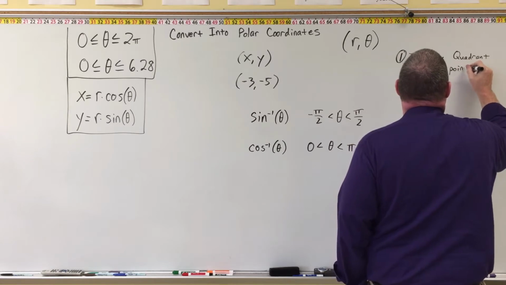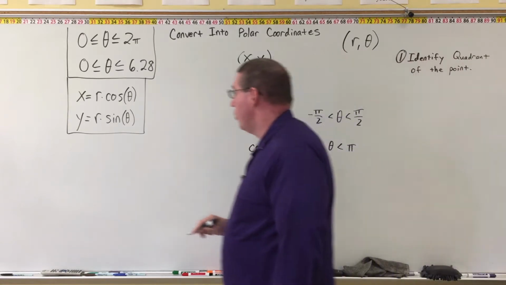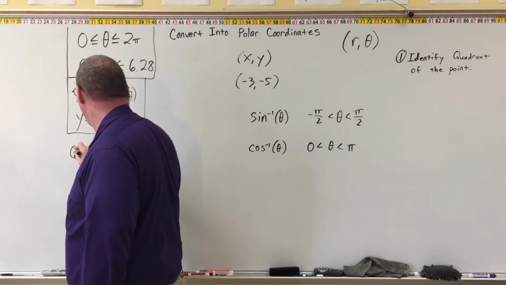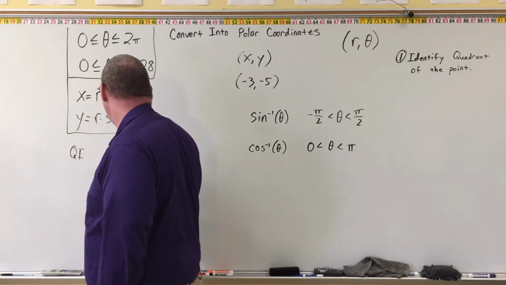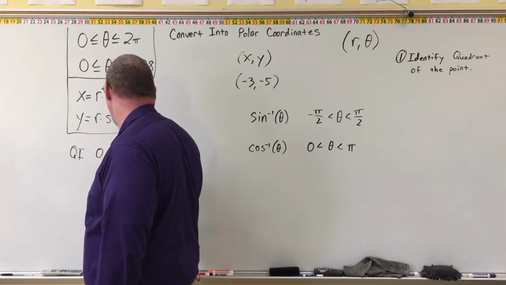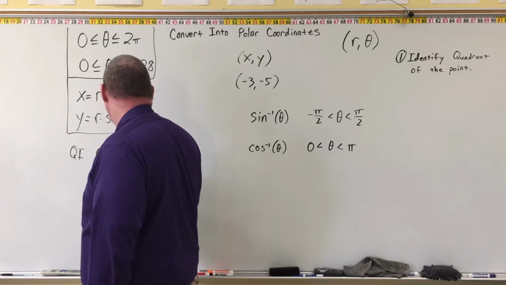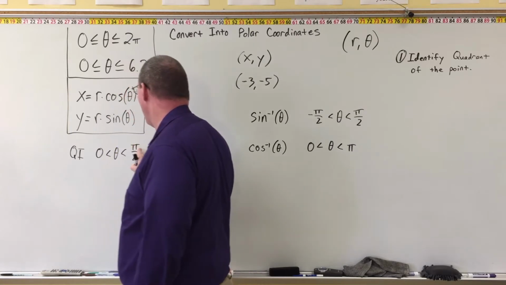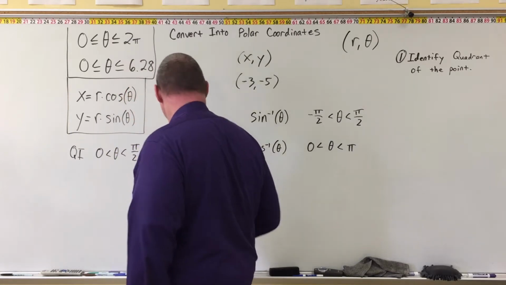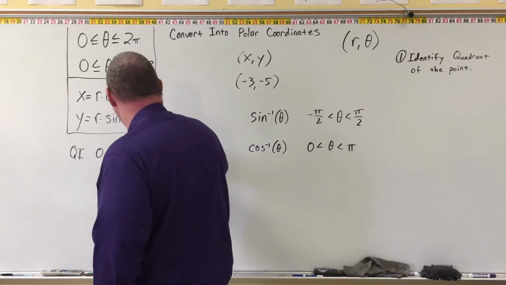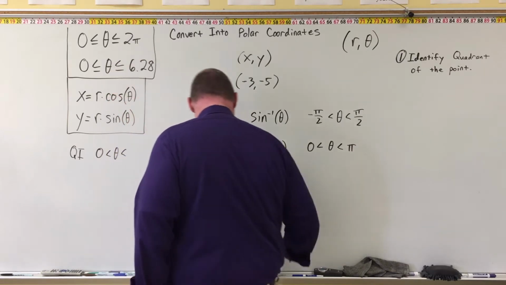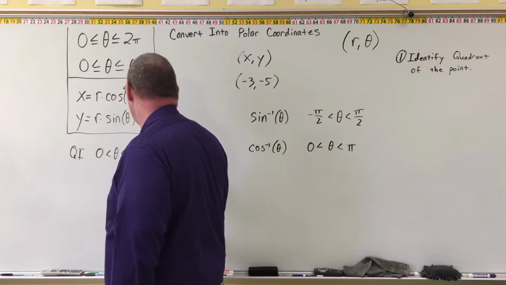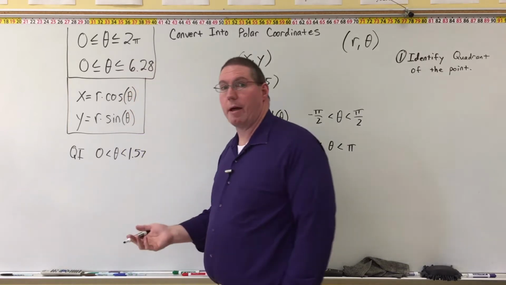Okay? Now, I'm going to make some notes over here. If the point is in quadrant 1, we know that our theta angle has to fall between 0 and pi over 2, or 1.57. In fact, I'm going to do these in decimals, because a lot of our answers are going to come out in decimals.